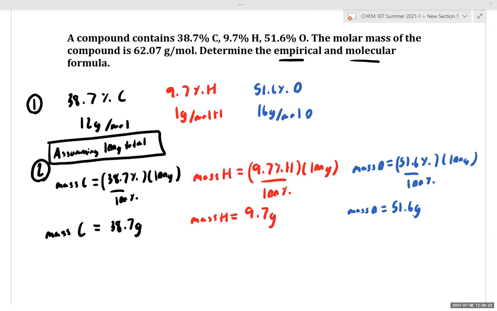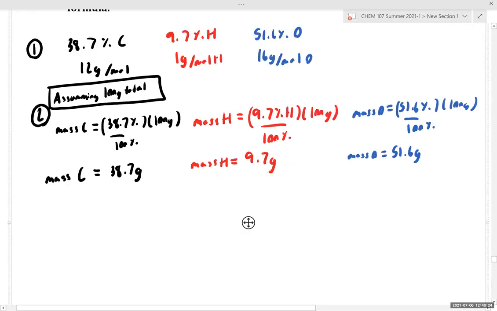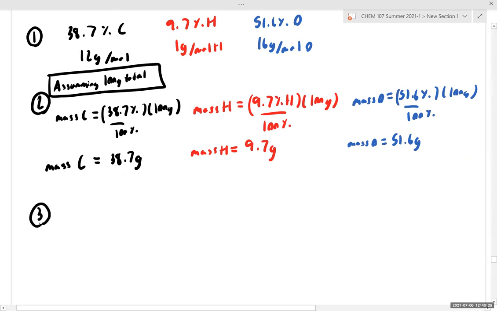Okay, so now that we have the mass of each of our elements, we can then calculate the moles. So what would our moles of carbon be? Let's take a few moments, and I'd like students to share their responses in the chat, verbally, or annotated on the class whiteboard.